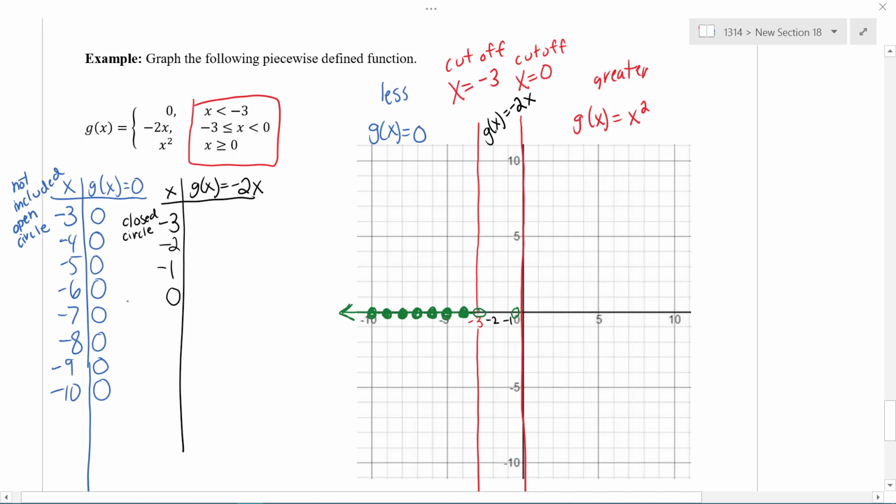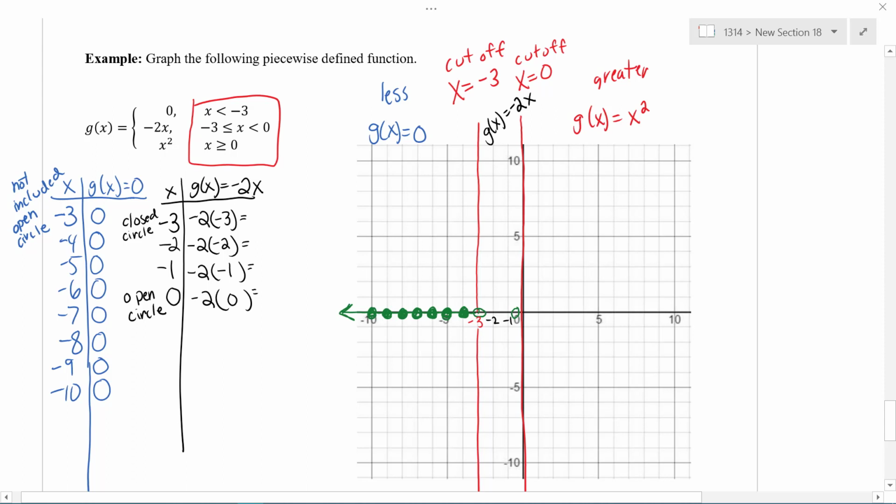So 0 is not included, so I'm going to put an open circle when I plot the point for 0. Now this time I do have an x value to plug in, because it's -2 times x. So for each of these, we're going to do -2 times parentheses. And we're going to plug in an x value of -3, -2, -1, and then 0.